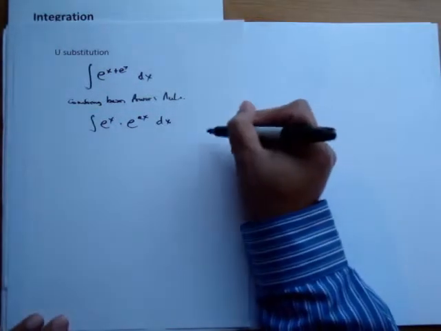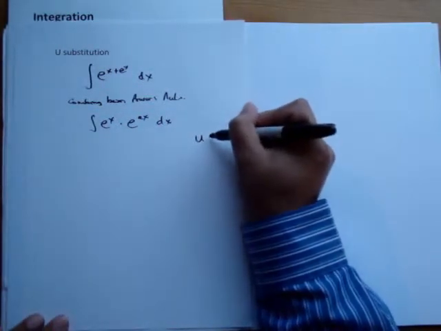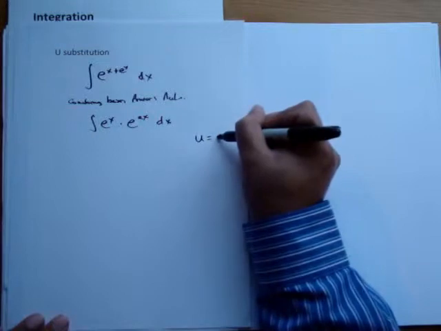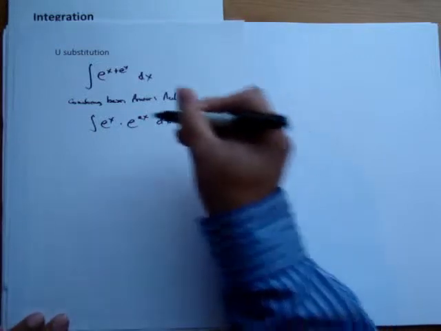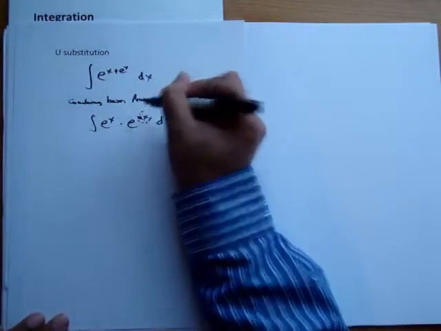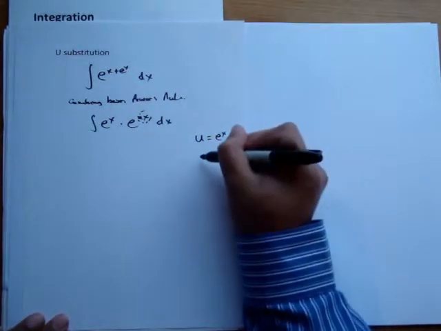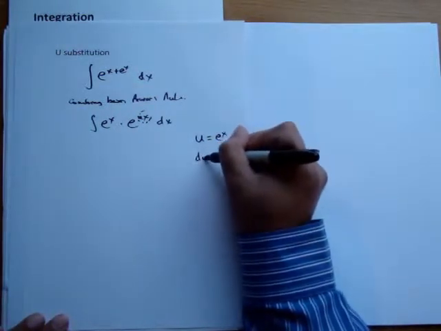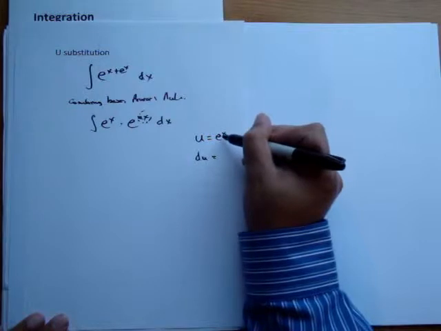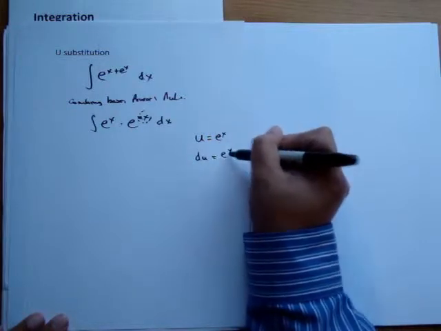We let u equal e to the x, so that's this one, and let du, well, du would still be e to the x dx.